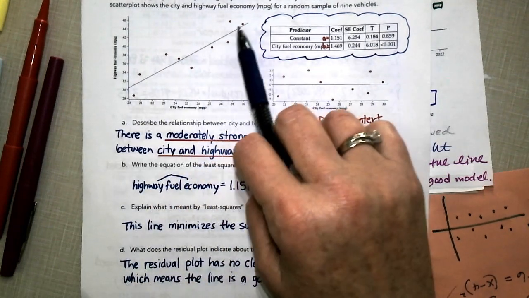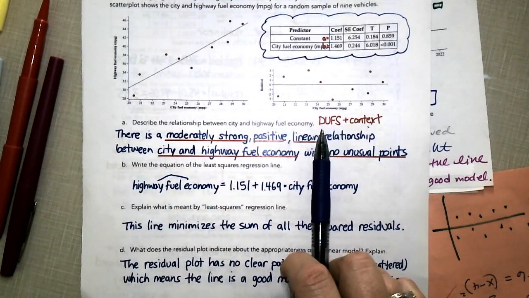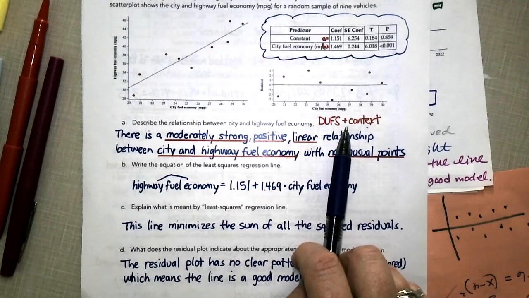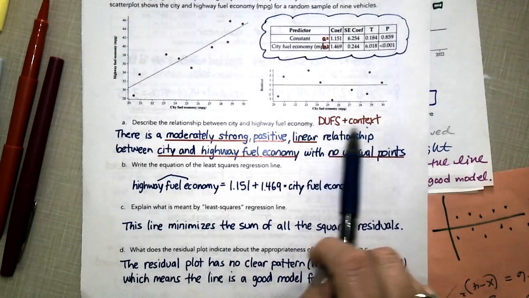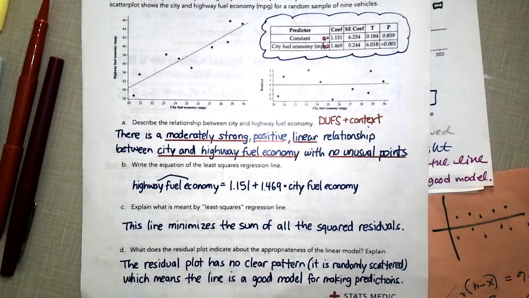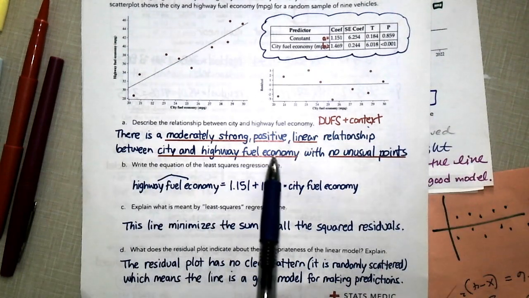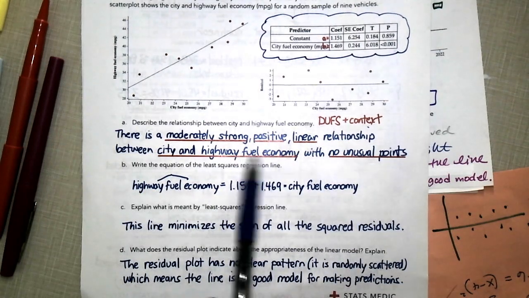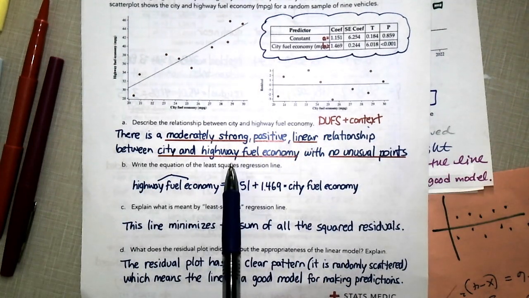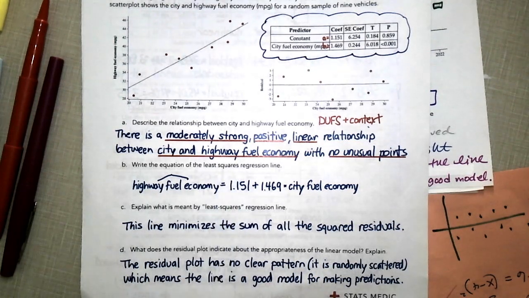This is a decent line that you have to describe with direction, form, strength, and any unusual features. Always context. Always, always. That's why I got my stamper. Now, if you have something close and it says the same thing, that's fine. It doesn't have to be verbatim what I have.